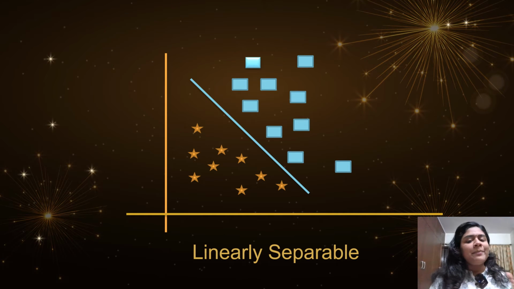In my previous video, I have explained the concept of SVM. So, the main idea behind SVM is to build a hyperplane in such a way that the error margin is as wide as possible. Now, when your data is of this form, you can actually make a line which divides the two data points.